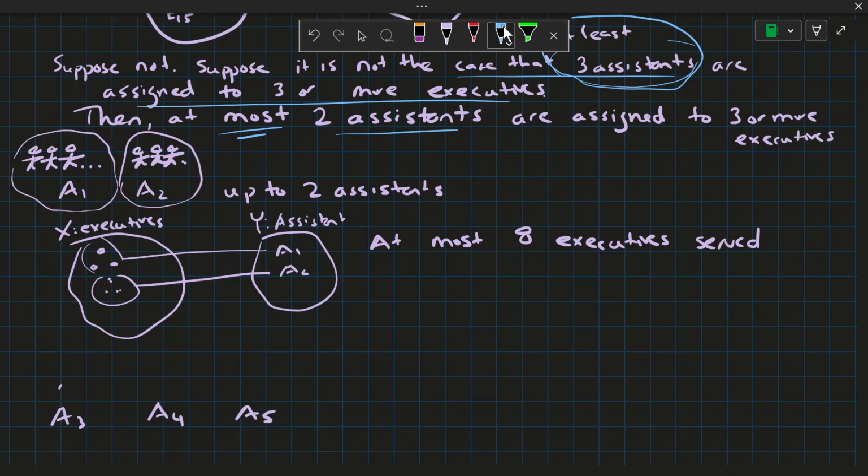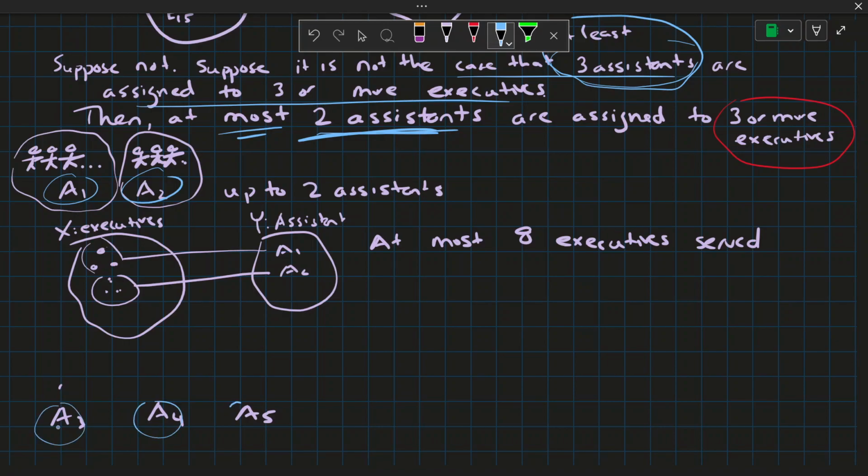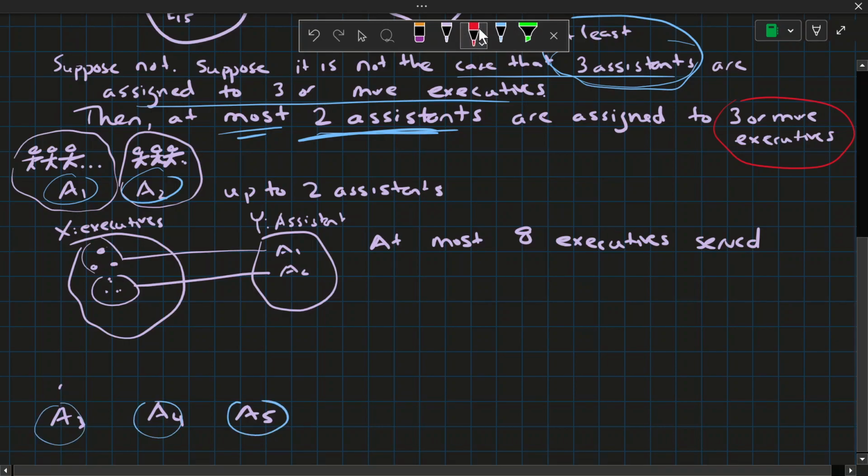Well, these blue assistants, A1 and A2, are allowed to have 3 or more executives.